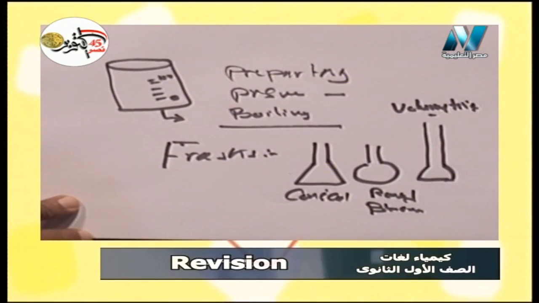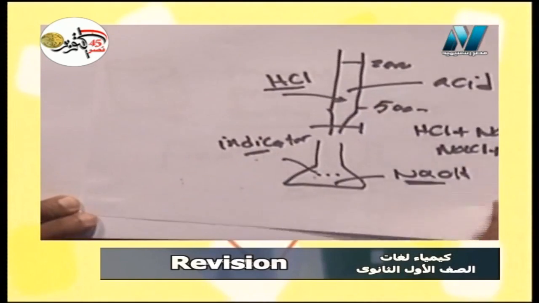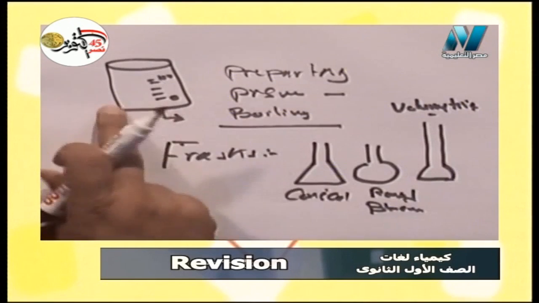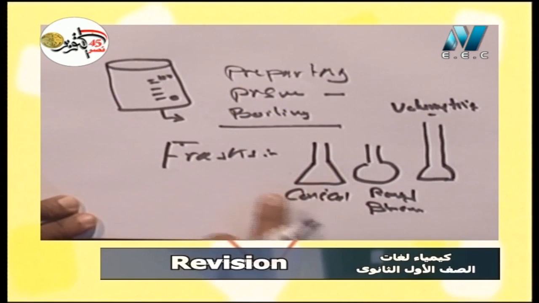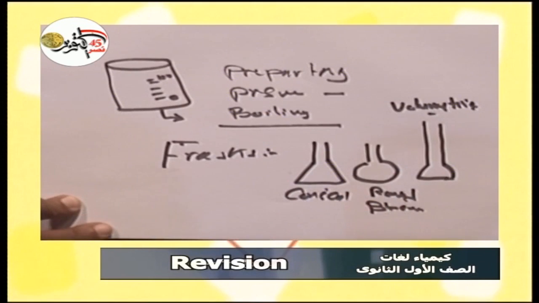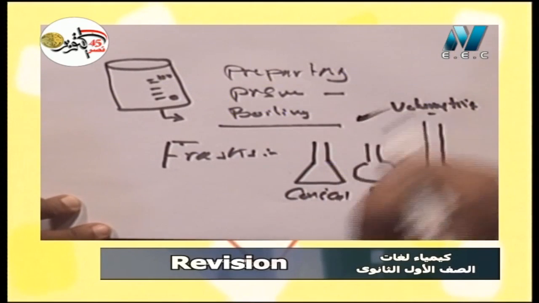So we have many tools to measure the volume of solution: the burette, because it is graduated, glass tools, beakers, and flasks. But they differ in accuracy. So the one that gives the most accurate volume of liquid is the volumetric flask.